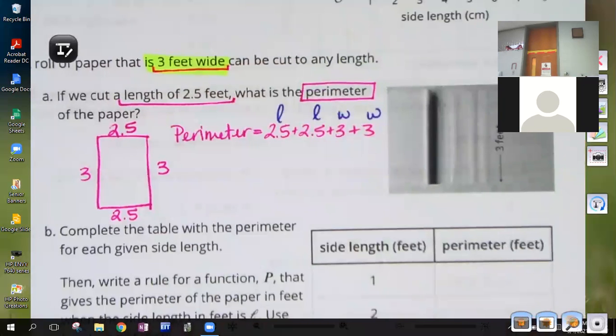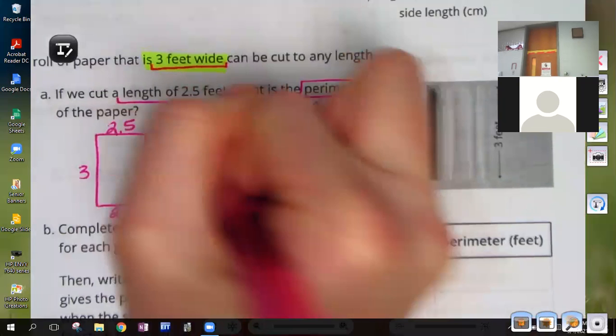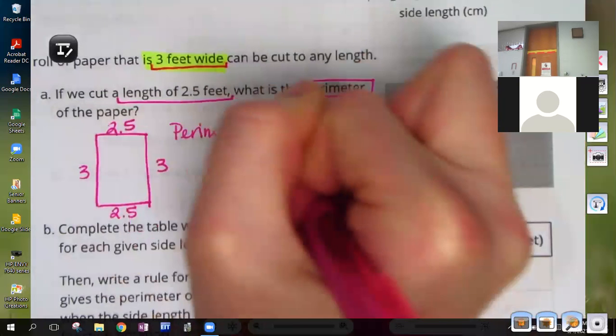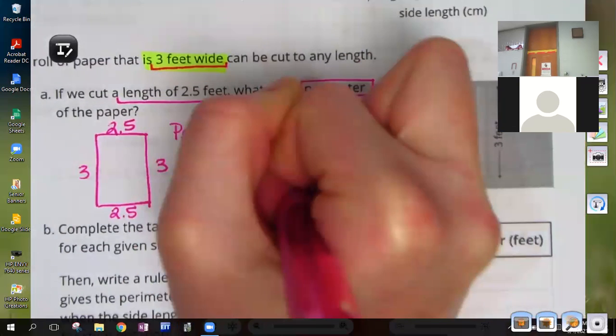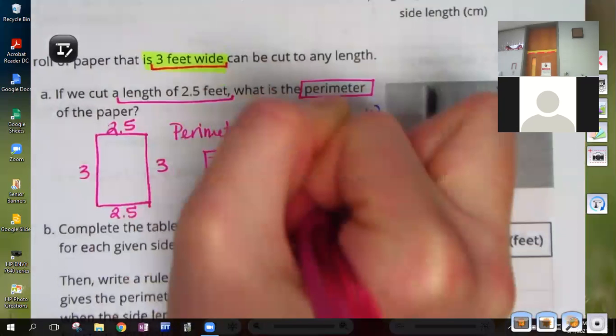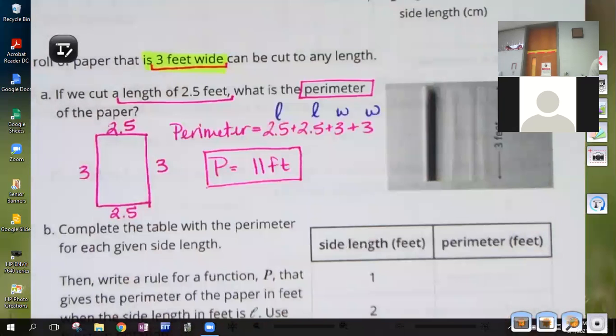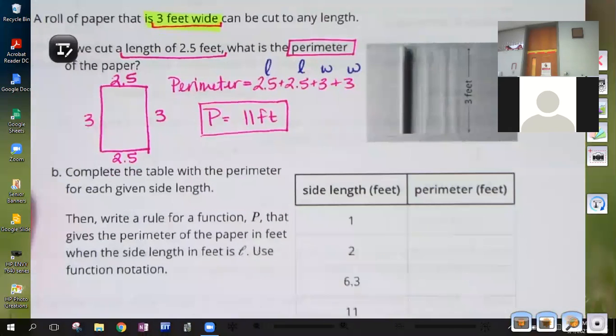And when we do all that, what do we get as our perimeter? 11 feet. Now remember that process that we use to calculate the perimeter, because that's going to lead us into what the rule is later.